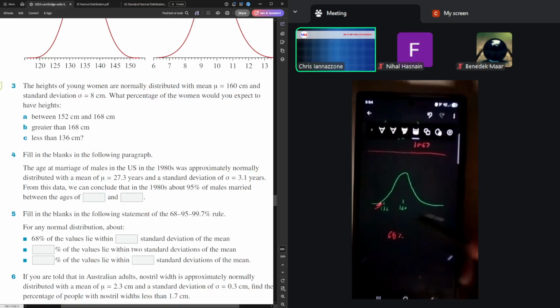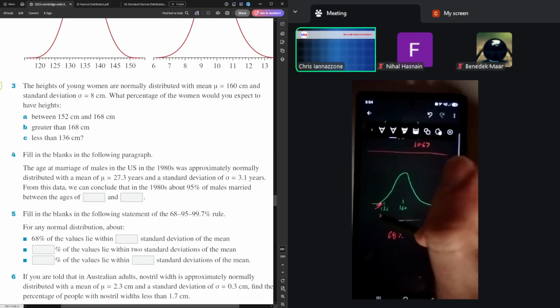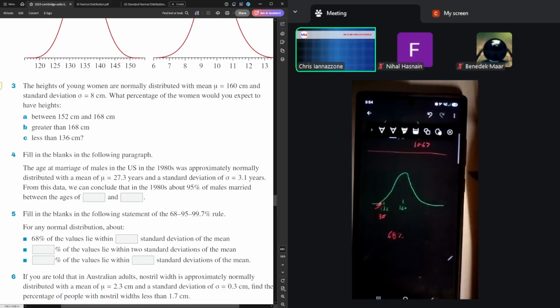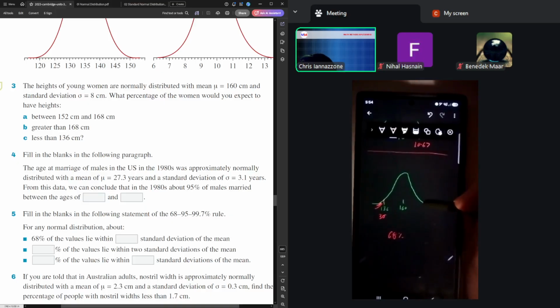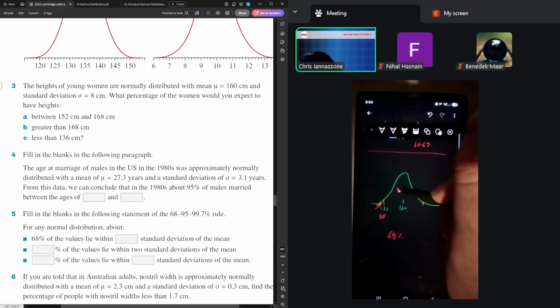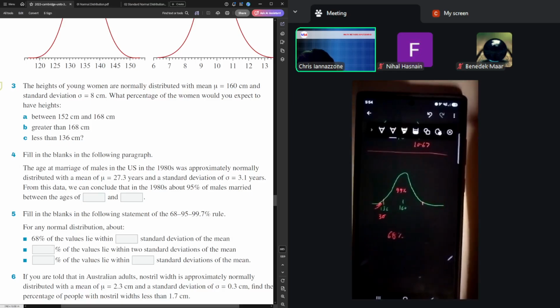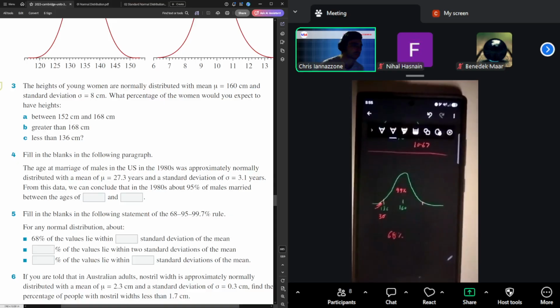So for this one, that is 3 standard deviations, which means our baseline that we're looking at is going to be the 99% rule, which means 99% of the total area is going to be between plus minus 3 standard deviations.